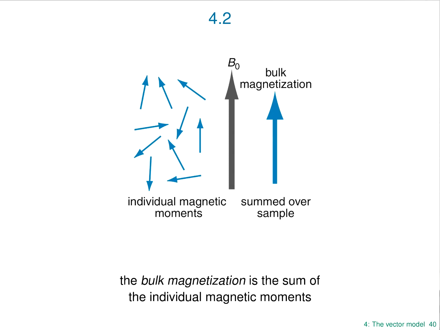You have to imagine each of these little arrows as a vector, and add up all those vectors, and that gives you the total magnetic moment, the bulk magnetization from the sample. This bulk magnetization is the thing that you observe, the thing that's actually detected in an NMR experiment. The vector model is all about this bulk magnetization. And remember, it's the sum of the individual magnetic moments.